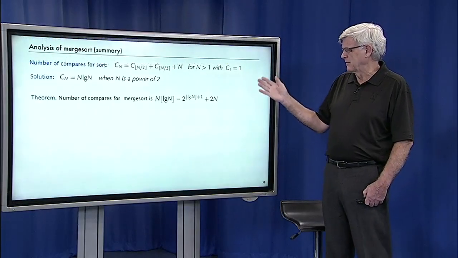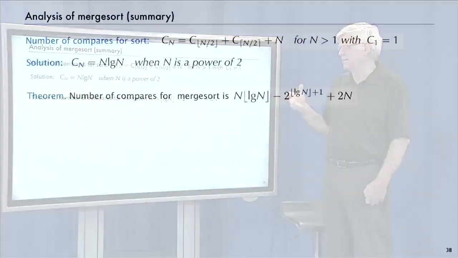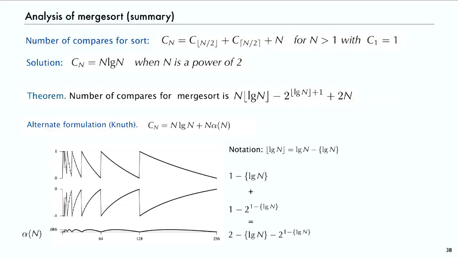And that's a relatively simple formula that we can use to compute the value. So that's just a summary of what we've done so far, but what about that oscillating term? Well, there's another way to deal with the floor of log n. If you write floor of log n, that's equal to log n itself minus the fractional part.